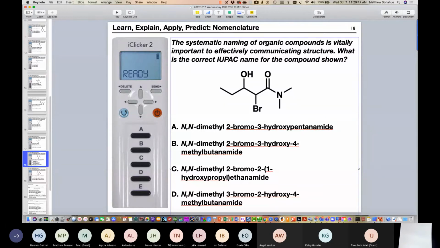The N,N-dimethyl, that's correct. 2-bromo-3-hydroxy, that's correct. But now look, this name is calling this methyl group here a substituent of a 4-carbon chain. So 4-methylbutanamide is incorrect because it's not considering the longest possible chain.